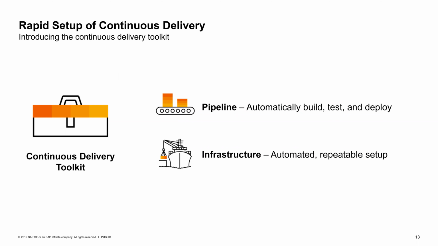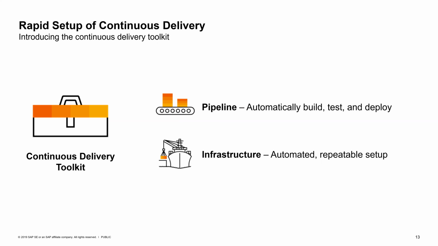One is a pipeline. You might be aware of this term pipeline in software development. Other services like Azure DevOps also talk about pipelines. A pipeline is essentially a sequence of steps that is executed with each change of your application.